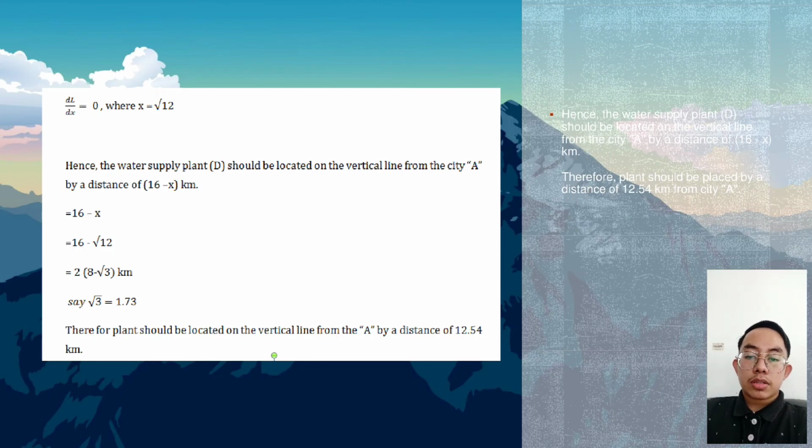Say square root of 3 equals 1.73. Therefore, the plant should be located on the vertical line from A at a distance of 12.54 km.